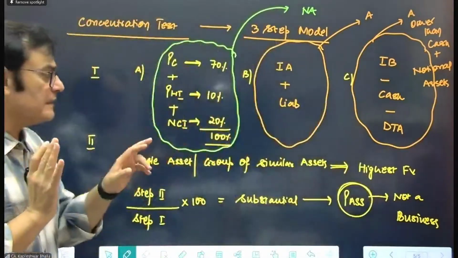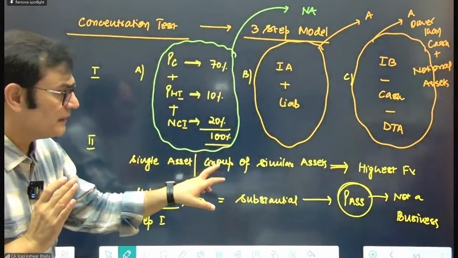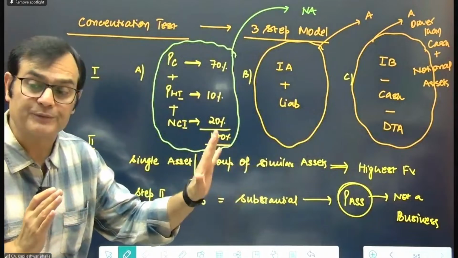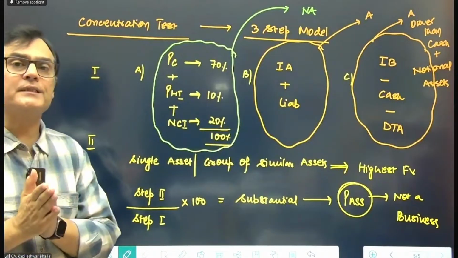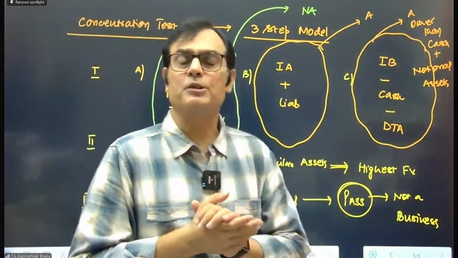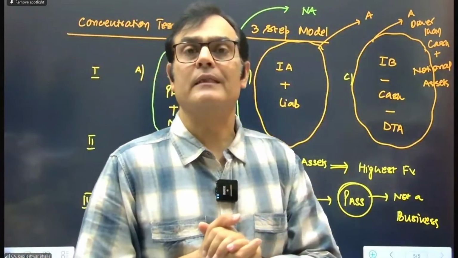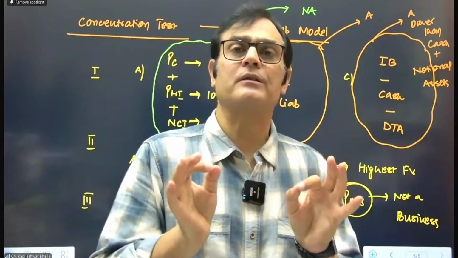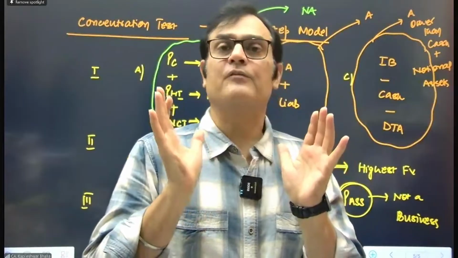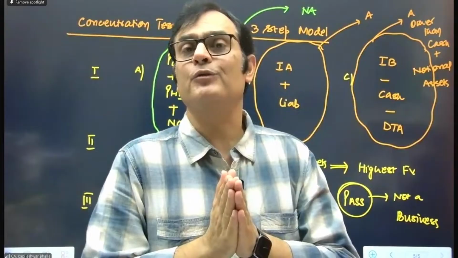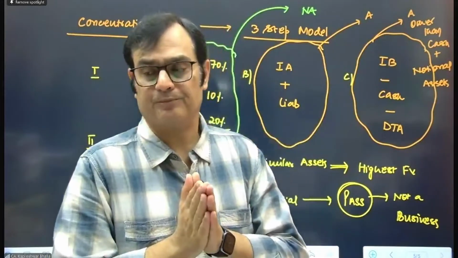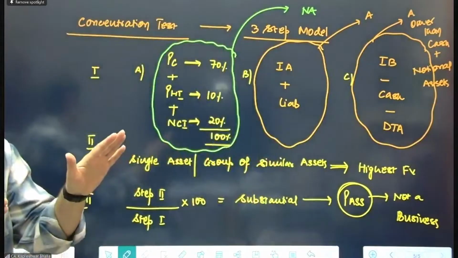Then identify the single or the group of similar assets which has the highest fair value. Then take the figure in step number 2 as a percentage of step 1. If it is more than 90, the test is passed, not a business. If it is below 90, the test fails, and then we need to apply the 3-element test. Right, friends, I hope I am clear with the picture.